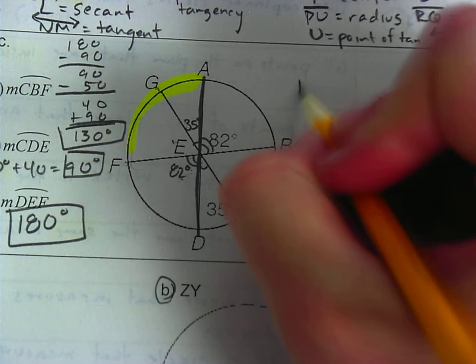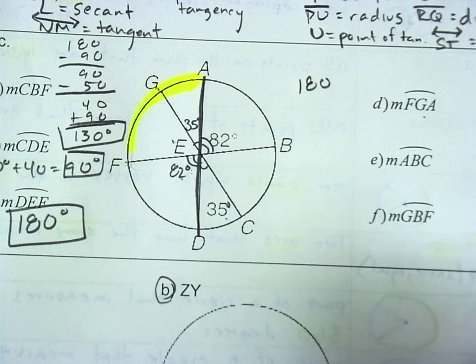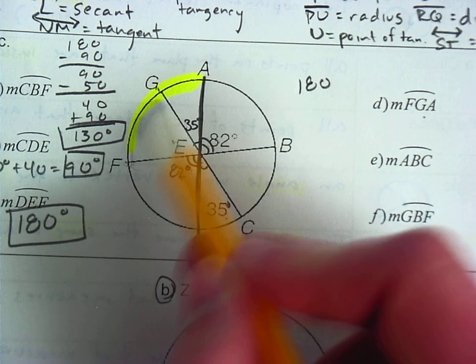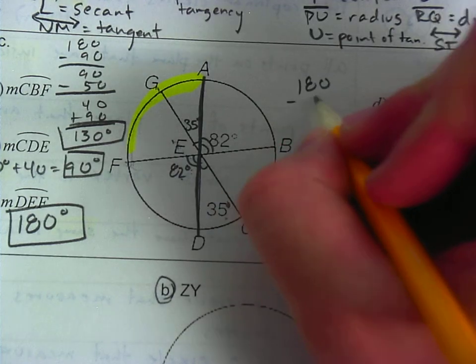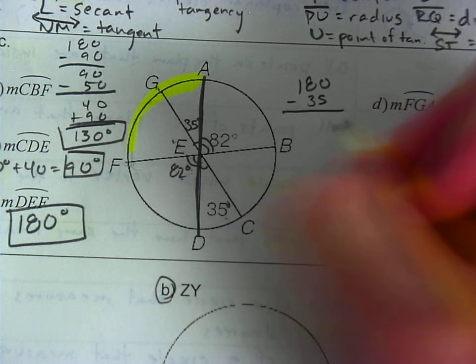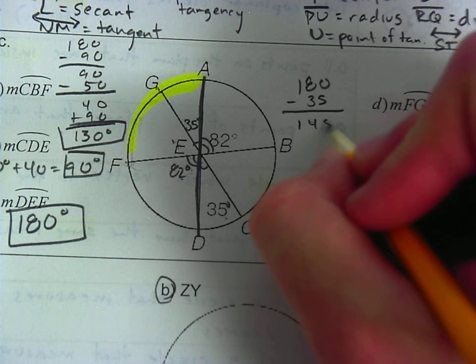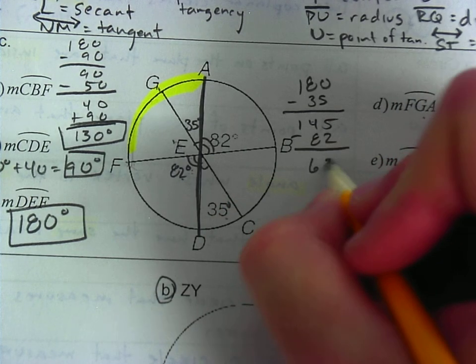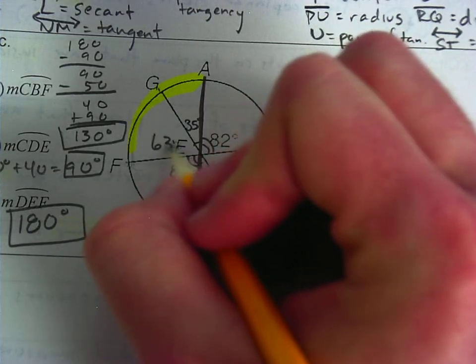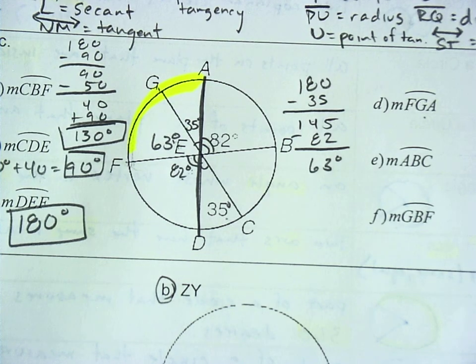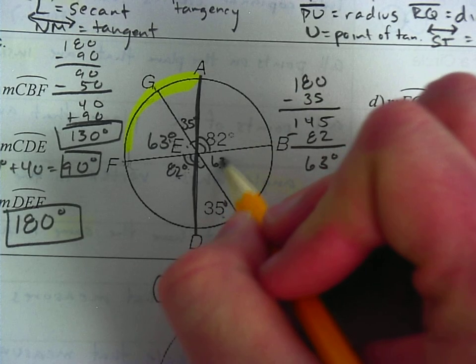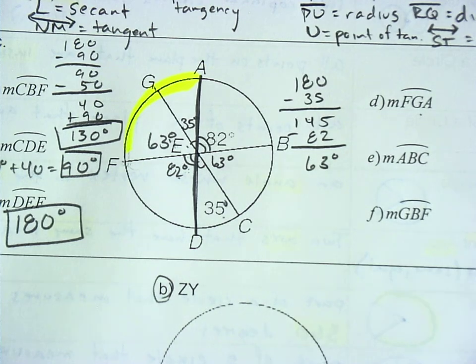So I can take 180 and subtract the other pieces, and that'll give me this arc measurement right here. So 180 minus 35, well, that's 145. And then minus 82, that's 63 degrees. So this right here is 63. Remember, we have a vertical angle over here, so we also know this is 63. We don't need that for letter D, but it might come in handy later.